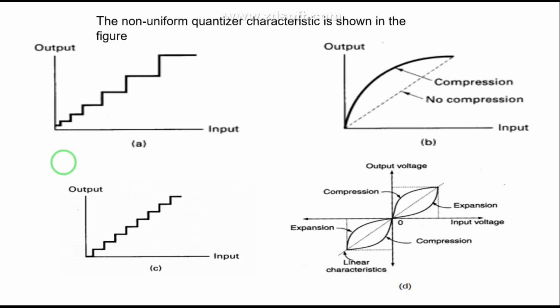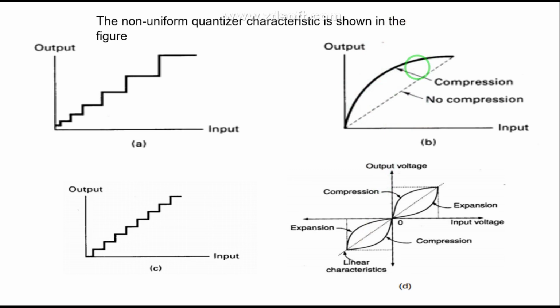So you can see now from this graph, it is going to show you the compressor characteristic. This is the relation between your input and output signal. You can see that the compressor is going to provide higher gain to weak signals, whereas smaller gain to strong input signals, and hence the weak signals are artificially boosted to improve the signal to quantization noise ratio.